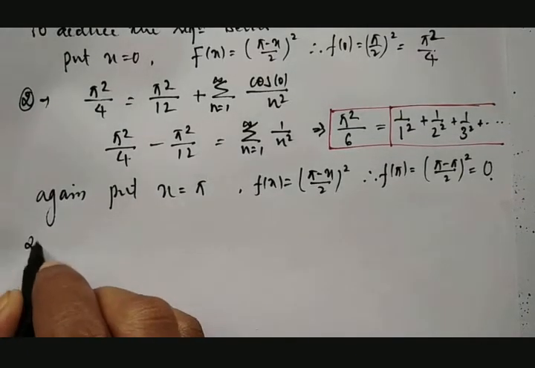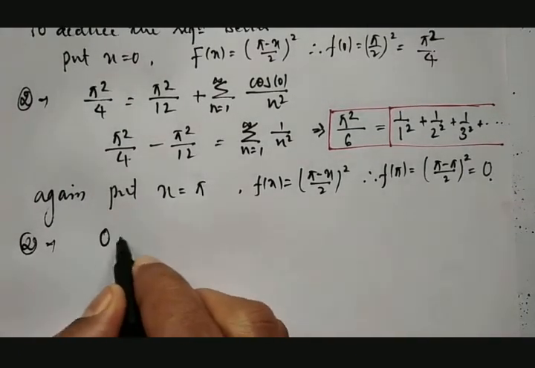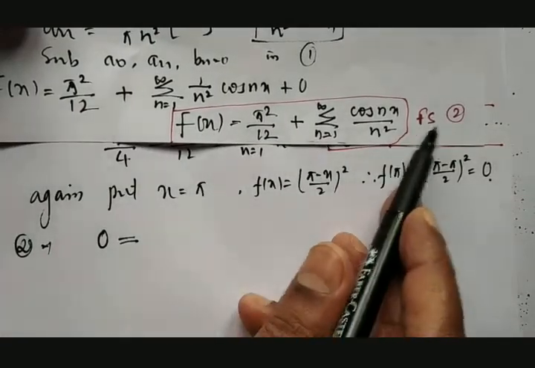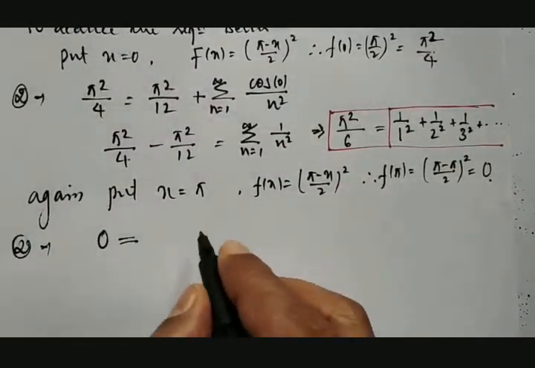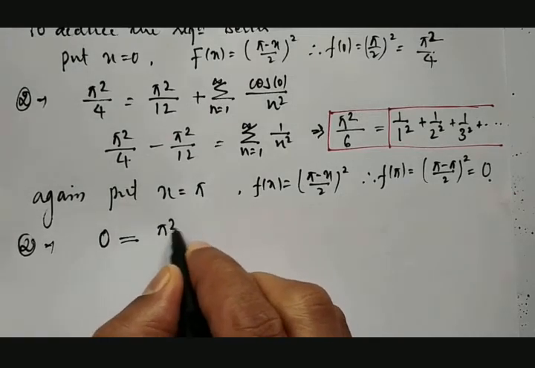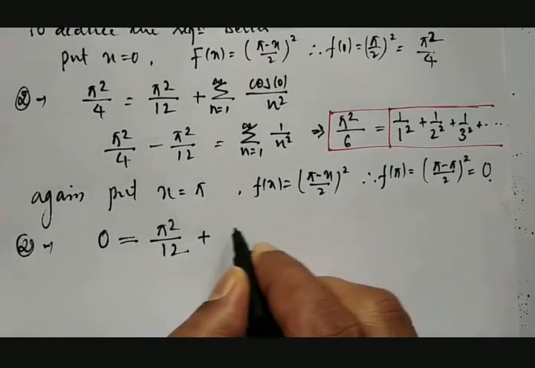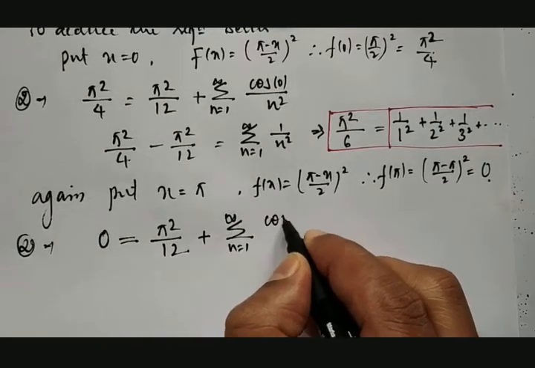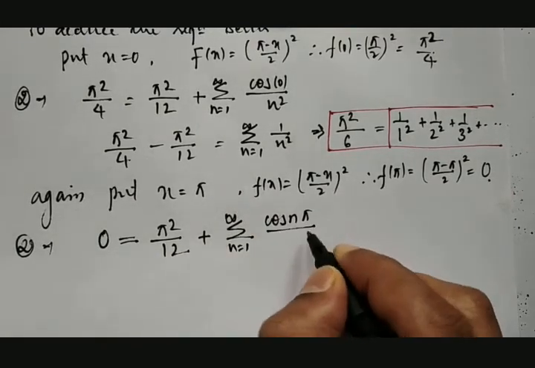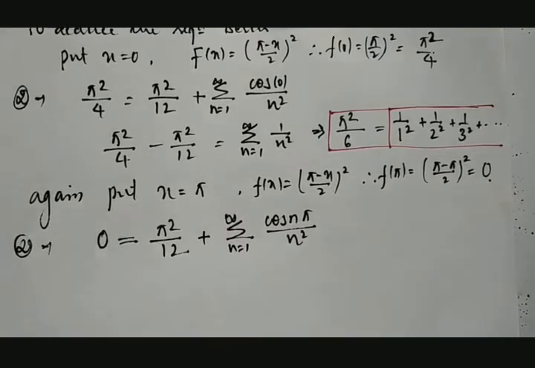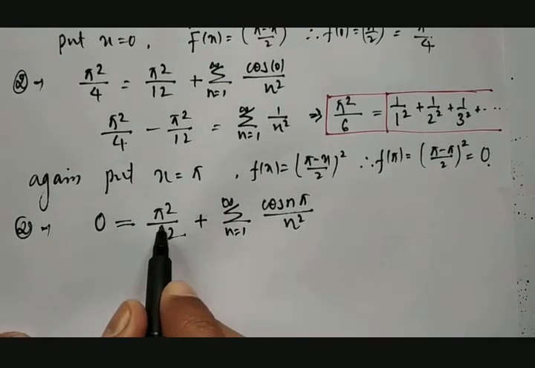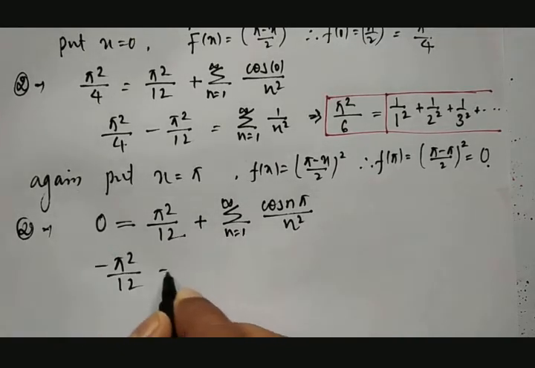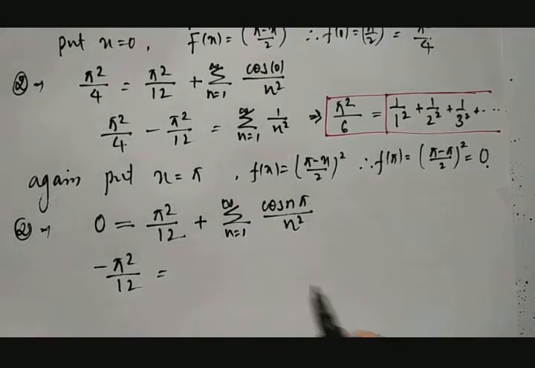Therefore again equation number 2 becomes 0 equal to pi square by 12 plus summation from n equal to 1 to infinity cos n pi divided by n square. Therefore I'll be taking this term to the other end. It becomes minus pi square by 12, which is equal to this.